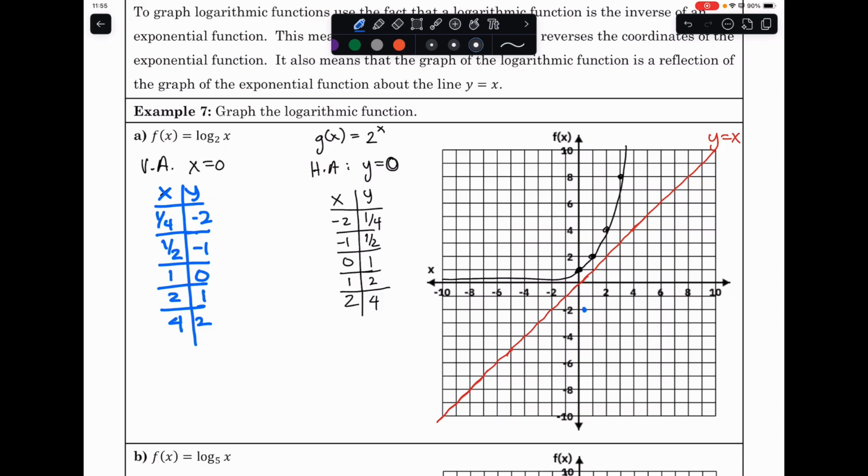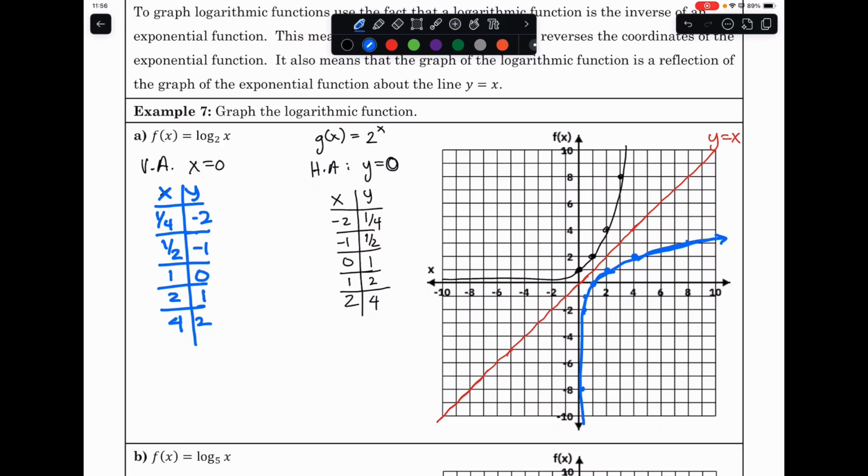So -2, I have a point over here, -8, and 1/2 would be -1, 1, 0, 2, 1, and then 4, 2. Oh, 2, not 1. I plotted that point in the wrong place. And there. Okay, so that's what this graph looks like.